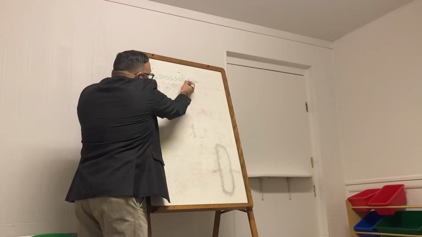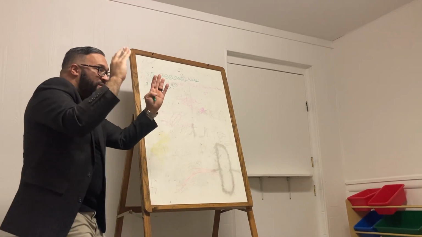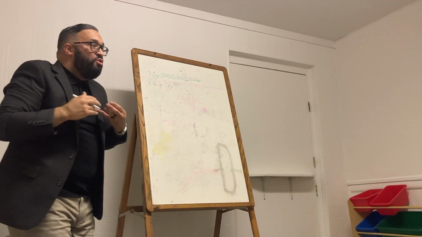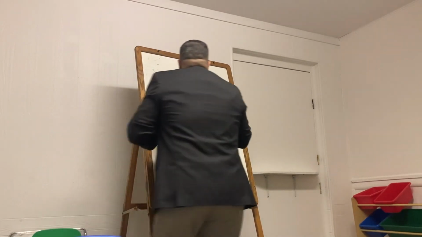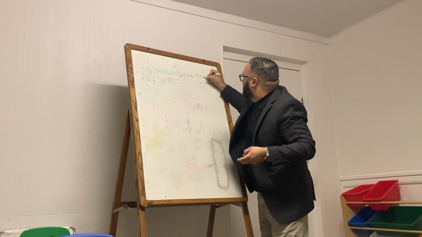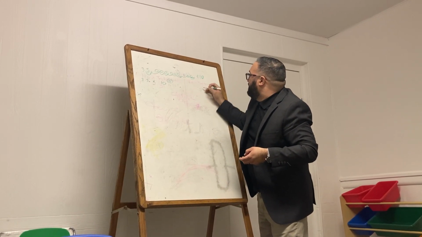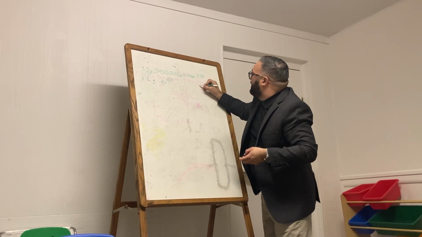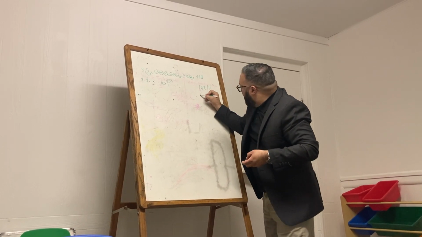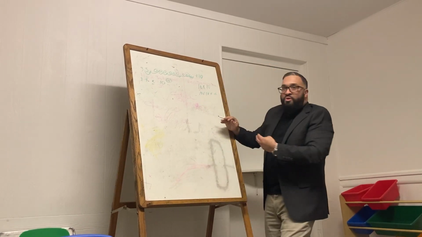Every time you move the point to the left, the number keeps on decreasing 10 times smaller. And in order to compensate, we multiply by 10. We move it once, we multiply by 10, we move it twice, by 10, by 10, by 10, by 10, by 10, and so on.